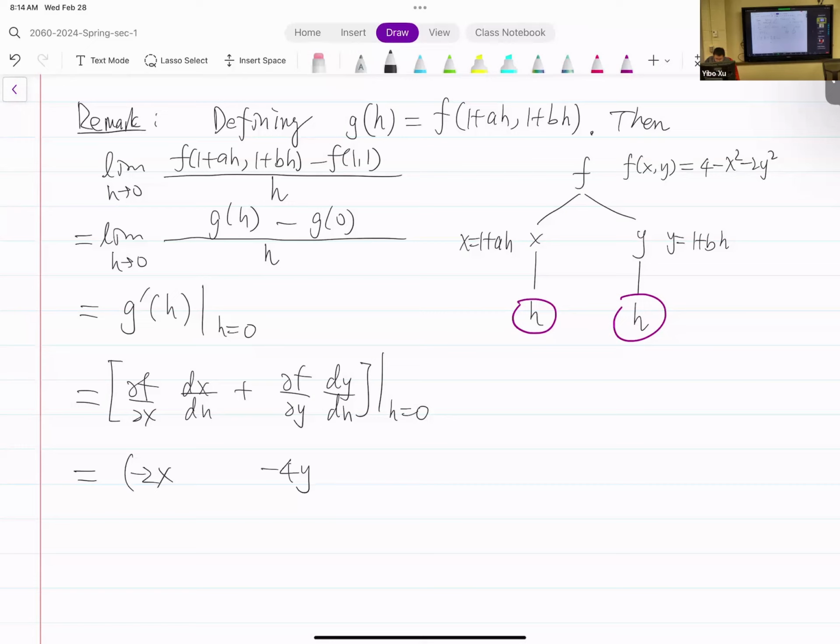Okay? And here we are multiplying by dx dh. Now dx dh, this is a linear function in terms of h, so if you do the derivative, it's going to be a, right? So negative 2x times a. And similarly dy dh is going to be a constant b. And then add up.